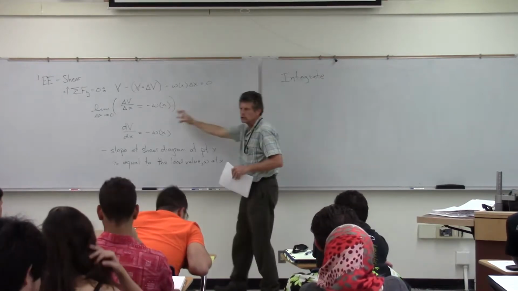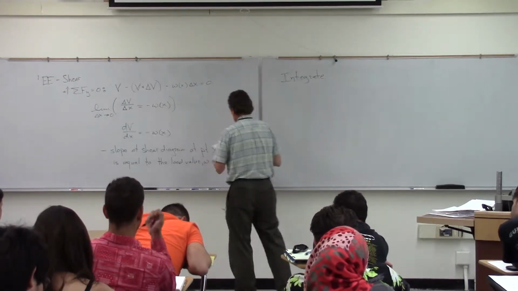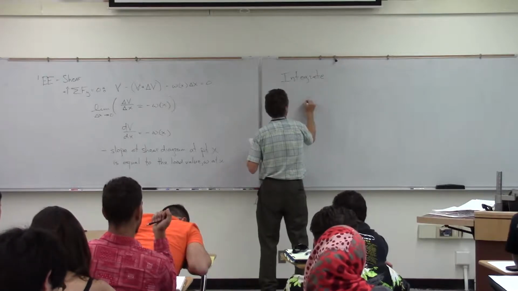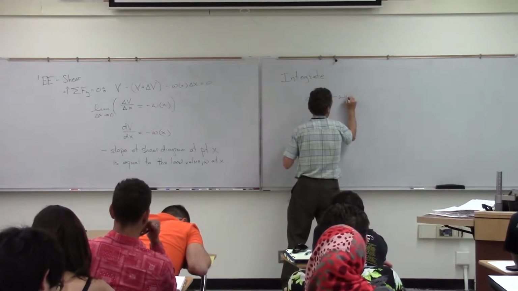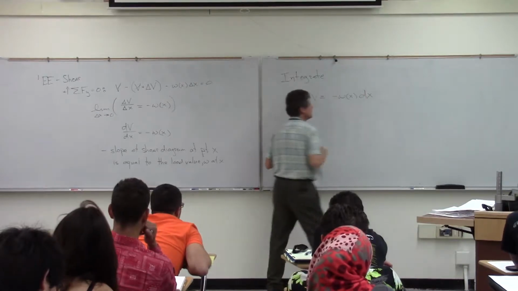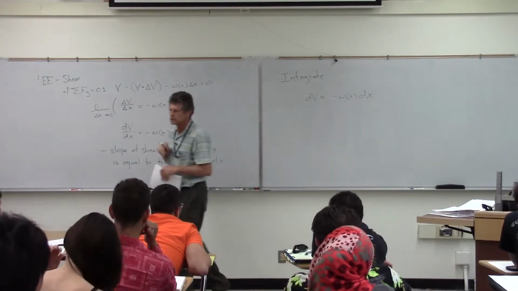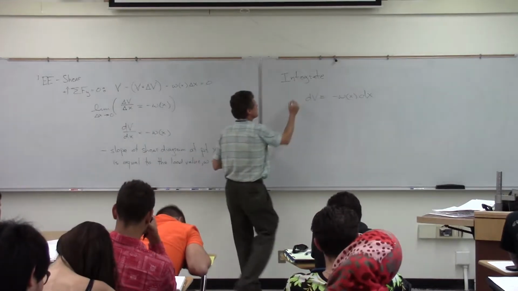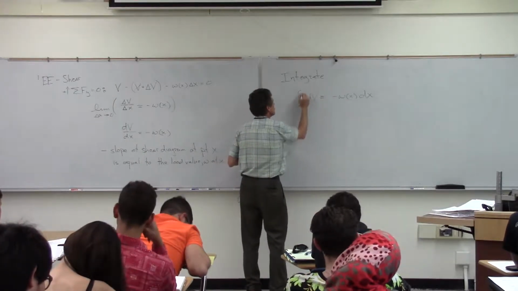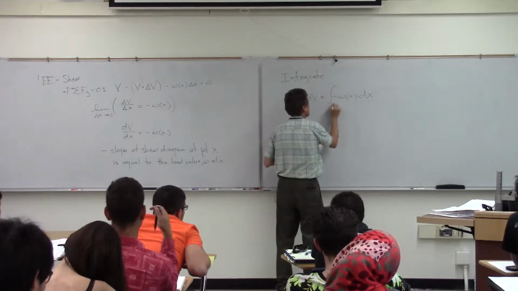Now, the other thing we can do with this is move the dx over to the other side, so just multiply through by dx. But note then I can do an integration on this from a to b.